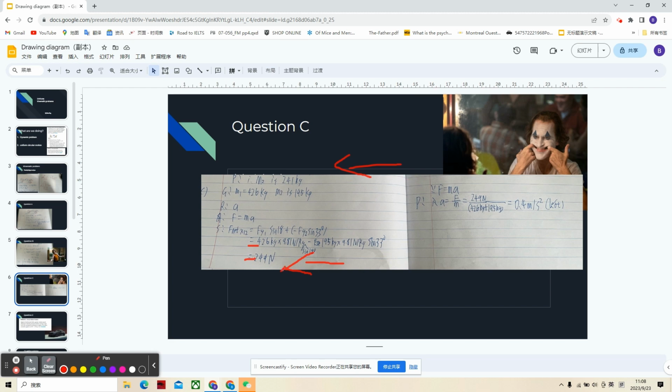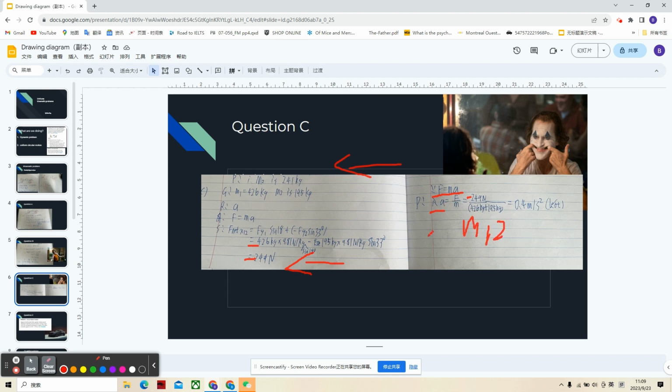Therefore, we already have the net force, and we need to use the equation F equals ma to find the acceleration. So a equals F over m, which equals negative 249 newtons over the m1, m2 combined.